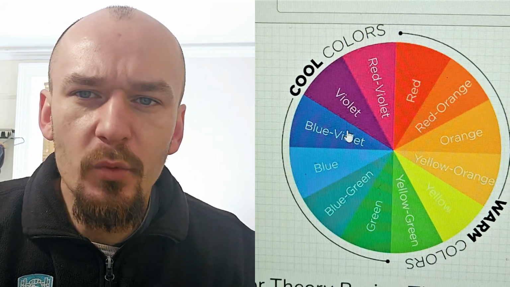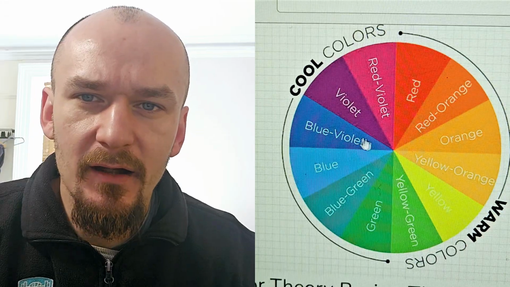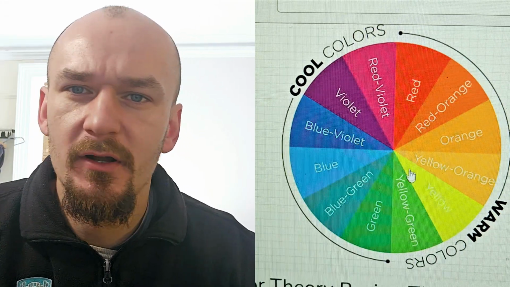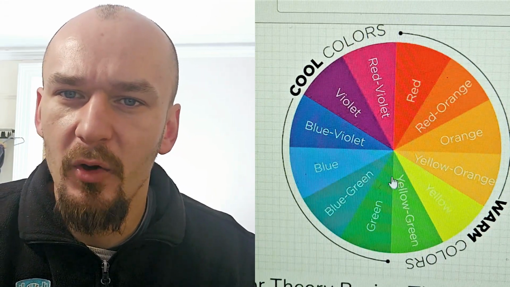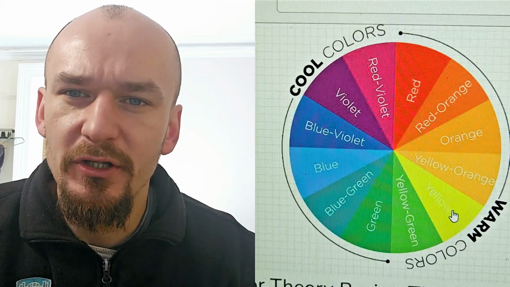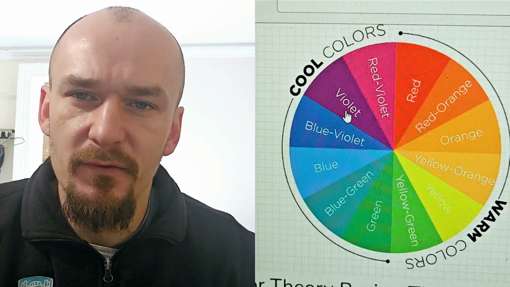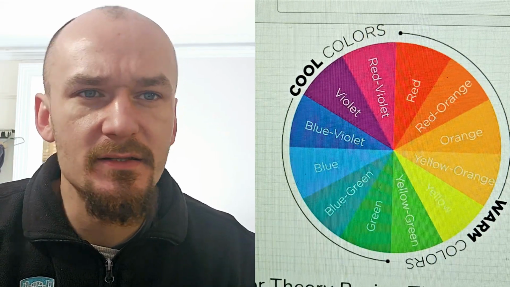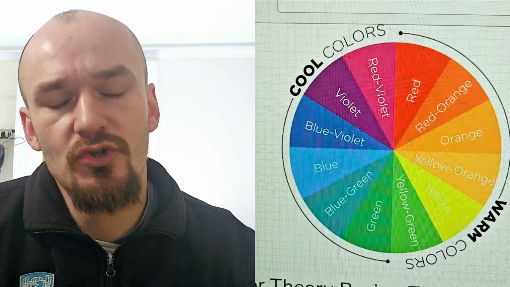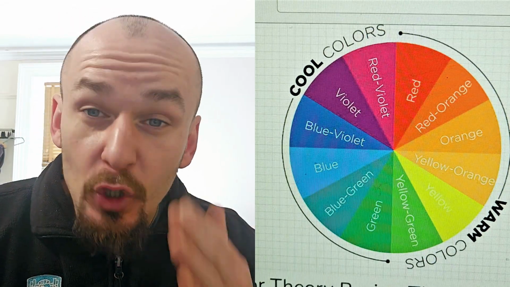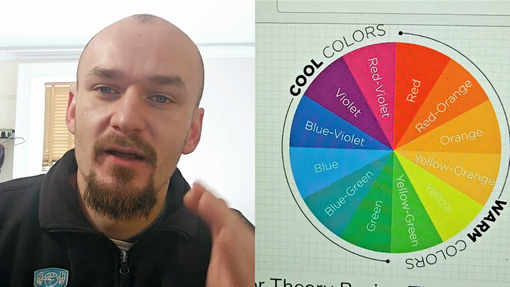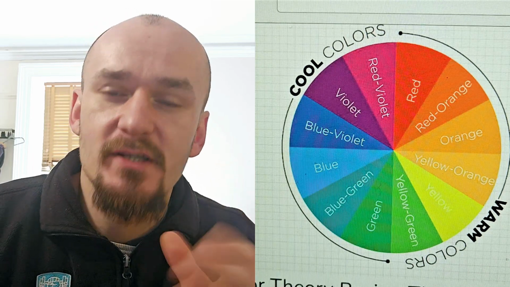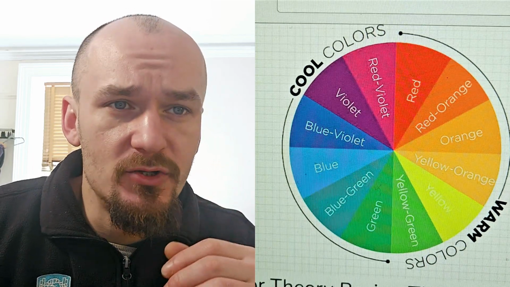Okay, we have blue violet here, and the opposite is yellow orange. We have red at the top and the opposite is green, and we've got yellow here and the opposite is violet. So what are these? So these are basically contrasting colours and they are located directly opposite. So you can call them contrasting colours, contrasting or complementary.